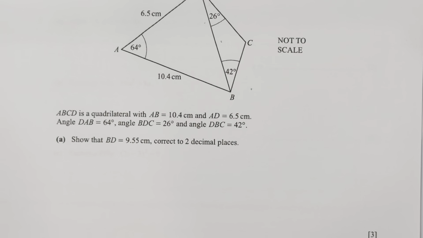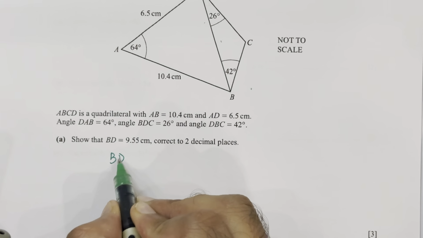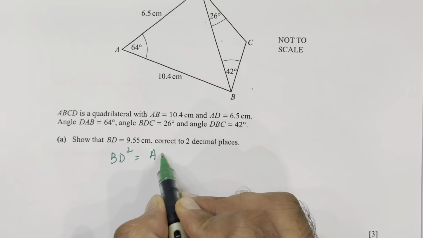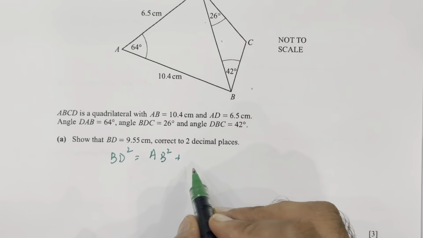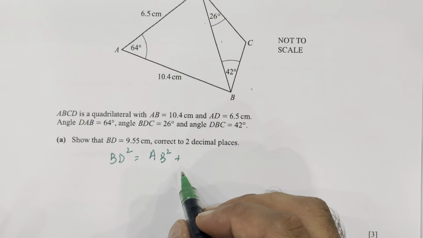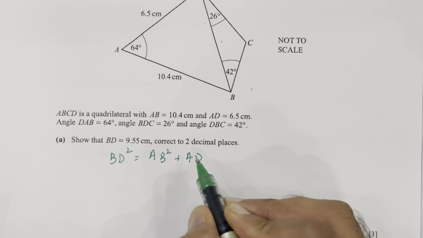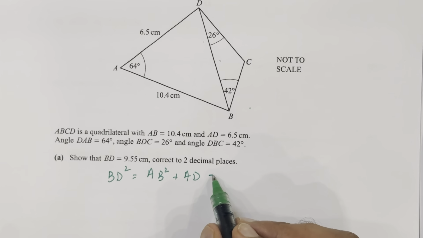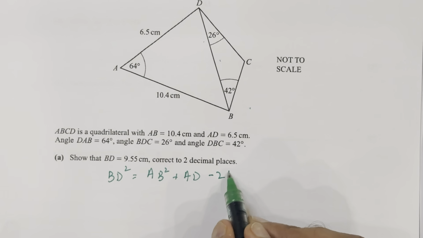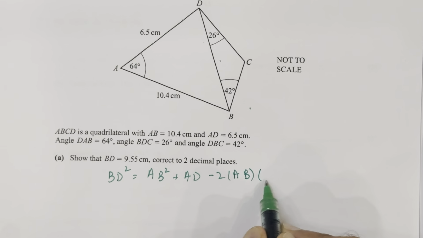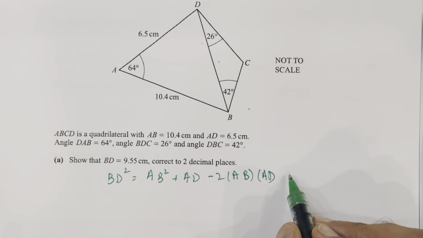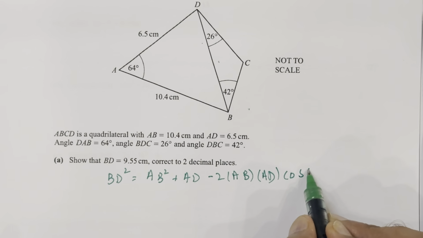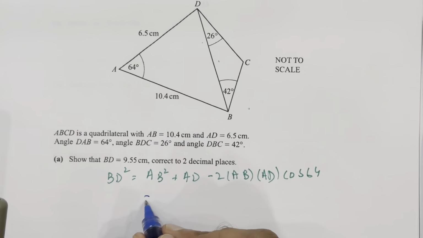So we have to apply the cosine rule over here. BD square is equal to AB square plus AD square minus 2 AB AD cos 64, and the values substituted here.